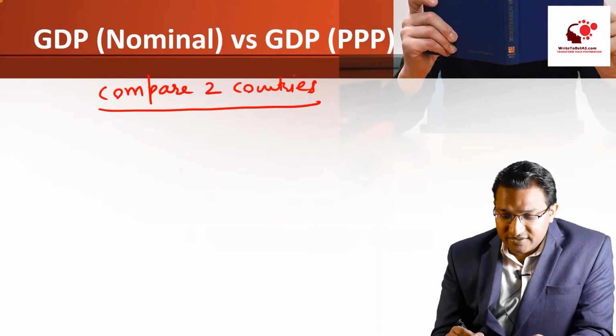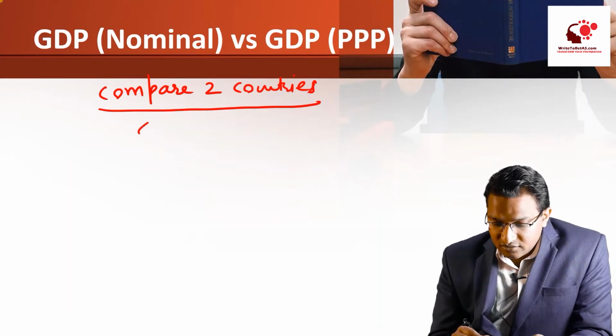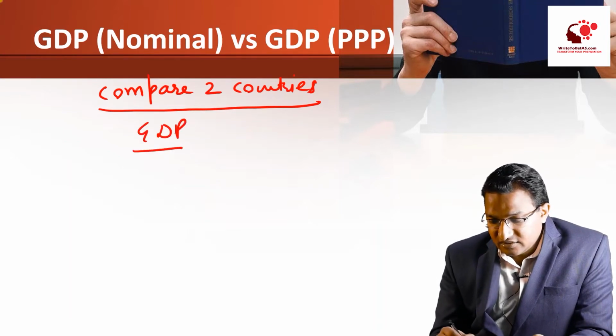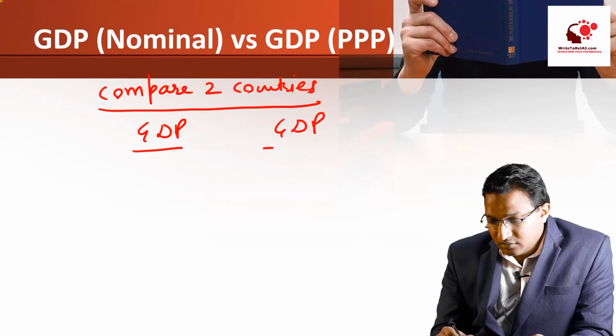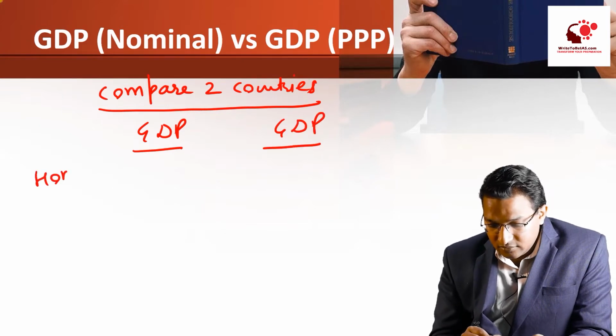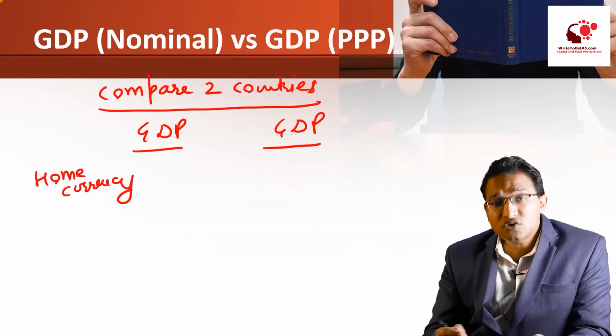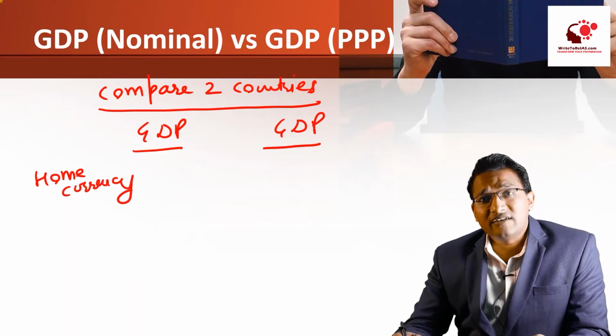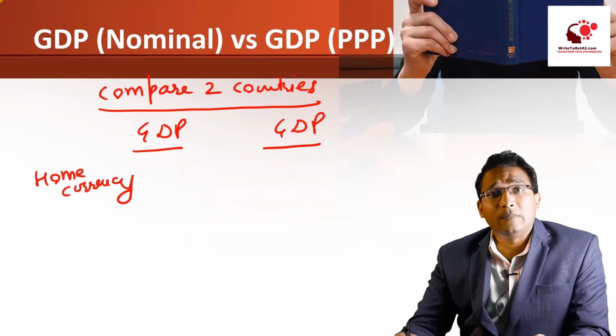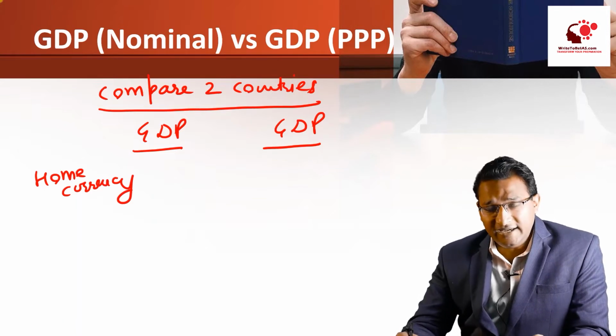For comparing two countries, first we see the value of GDP in their home currency. Why? Because all the countries calculate their GDP in the home currency, right?